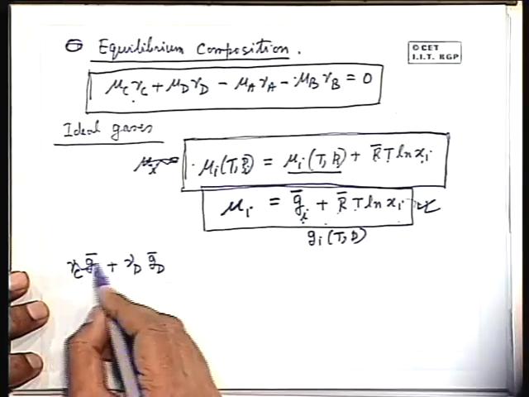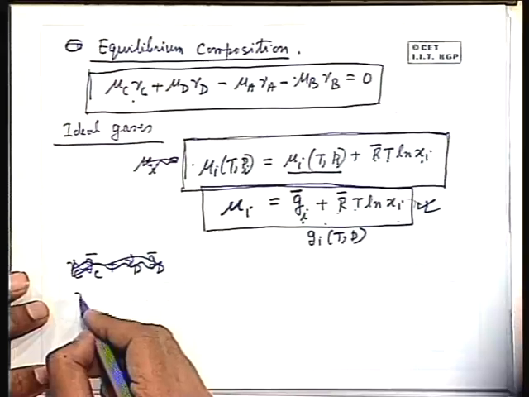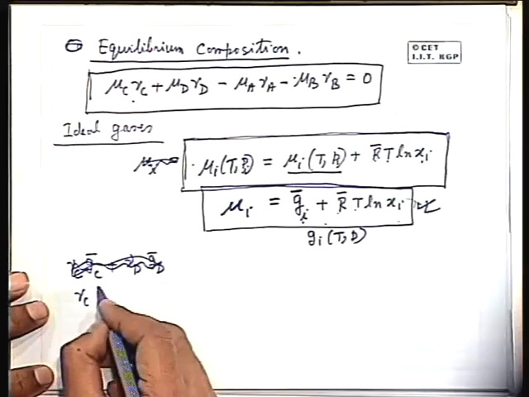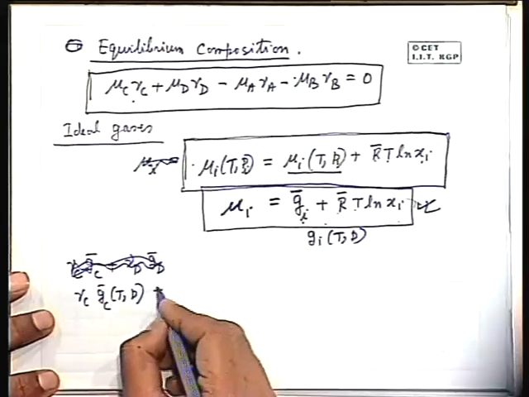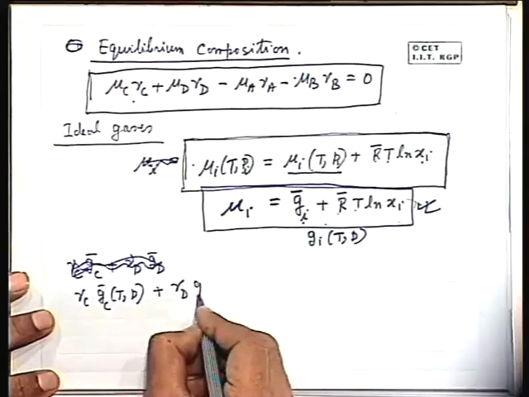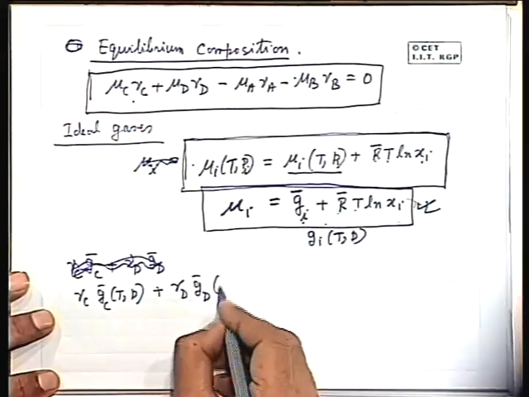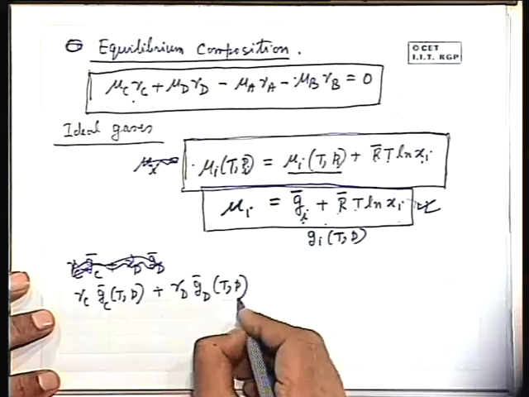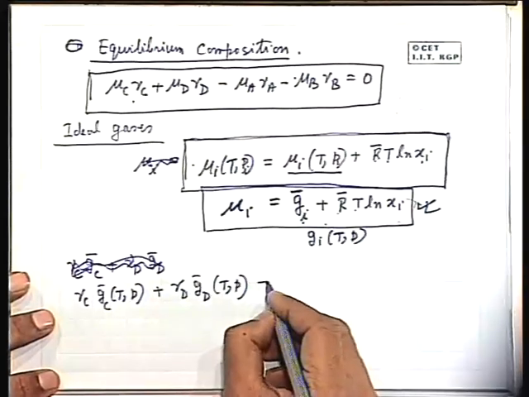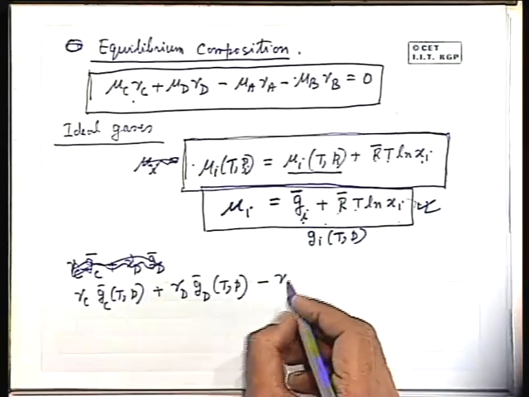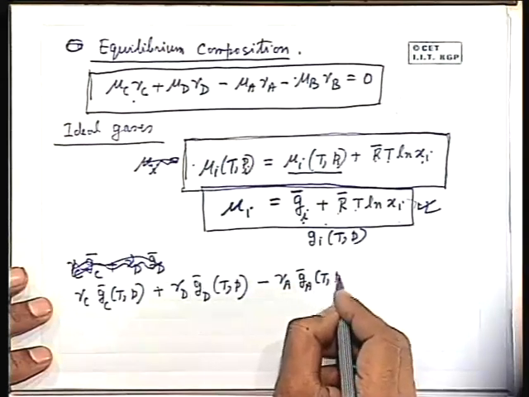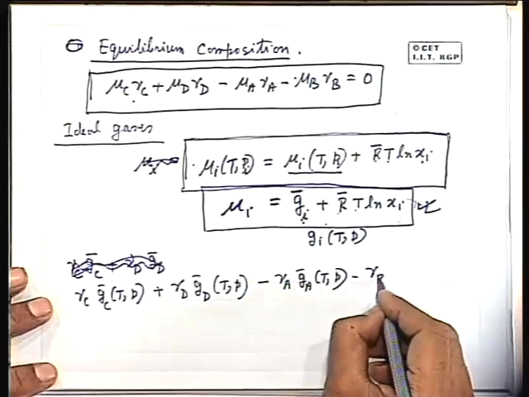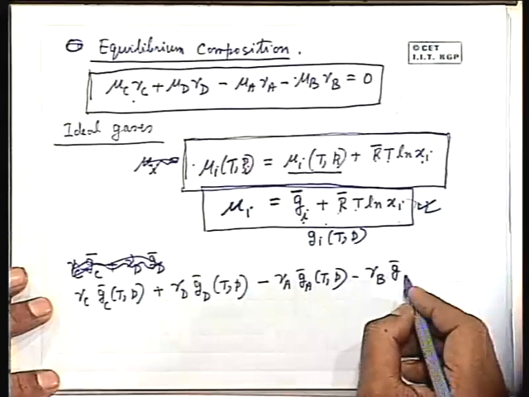Rather I write it this way, that will be more explicit: gamma C, G bar C at temperature and pressure, plus gamma D, the molar Gibbs function for component D at the same temperature and pressure of the mixture, minus gamma A, G bar A at the temperature and pressure. Any question you can ask me. If I make any mistake, you also detect it.